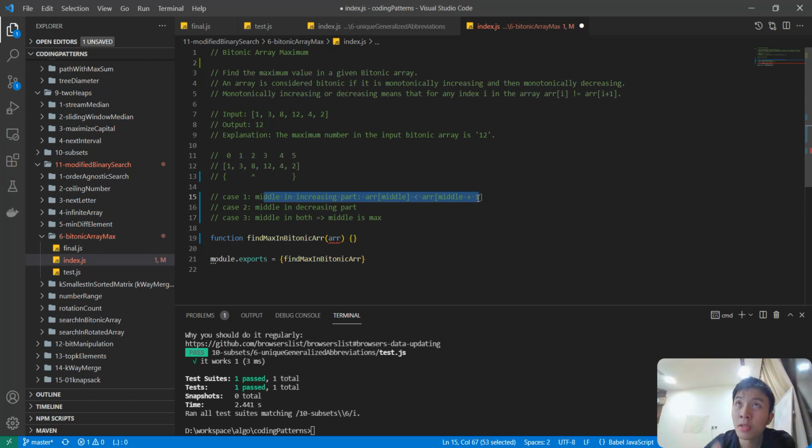So if the middle is on the increasing part, what does it mean?